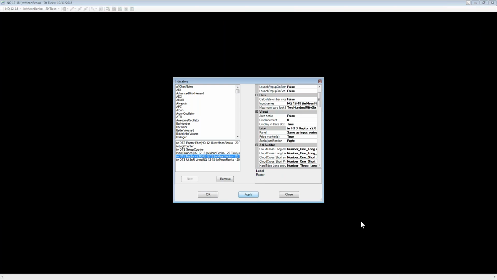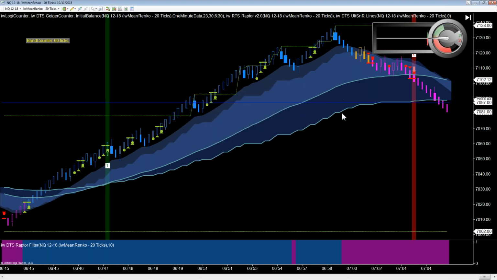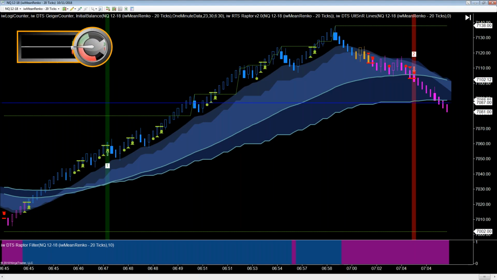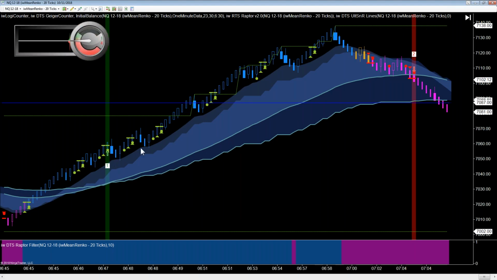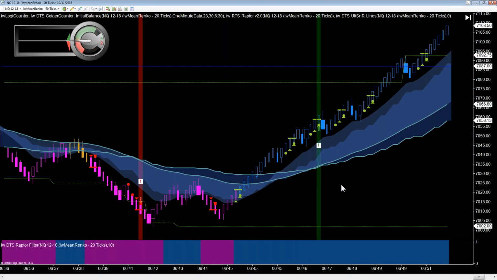When I apply those settings, you can see it stretches out the cloud a little bit more. It did eliminate some of those secondary signals, but we're looking at the overall picture here now.